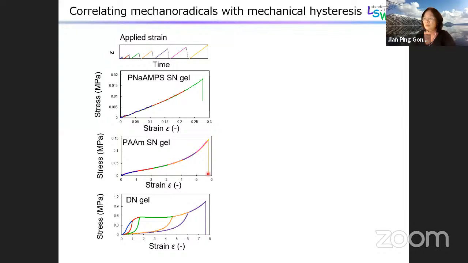You can see it can be stretched to large deformations. And then the third one is a double network gel. You can see a huge hysteresis. But for the two single network gels, either the brittle one or the quite stretchable one, both of them do not show hysteresis apparently at these scales.